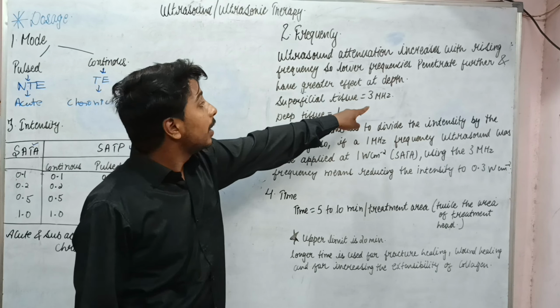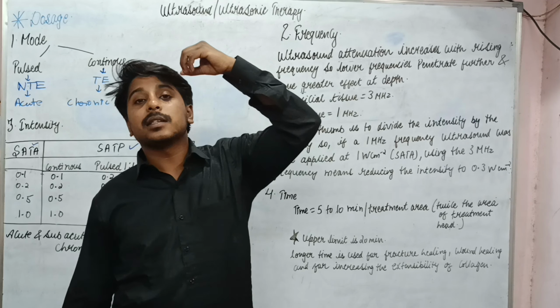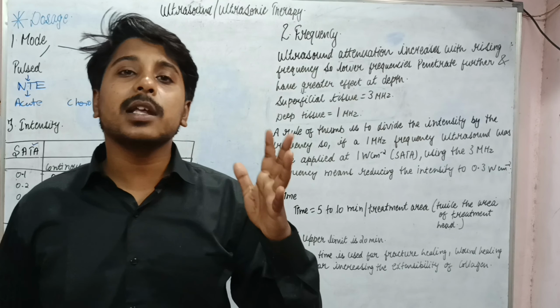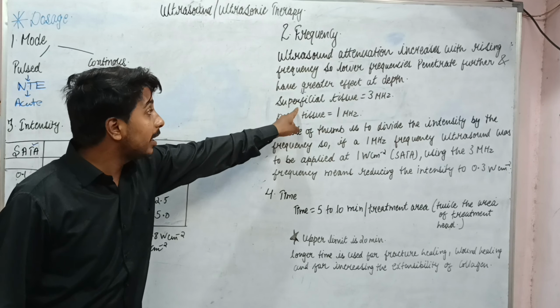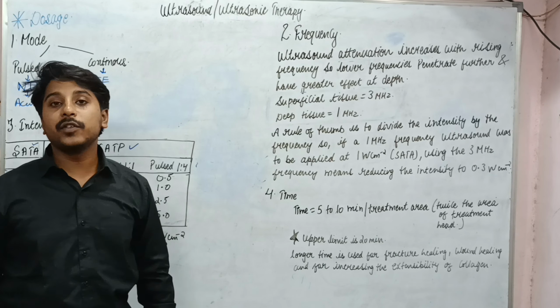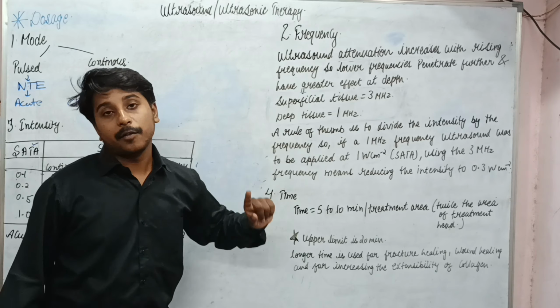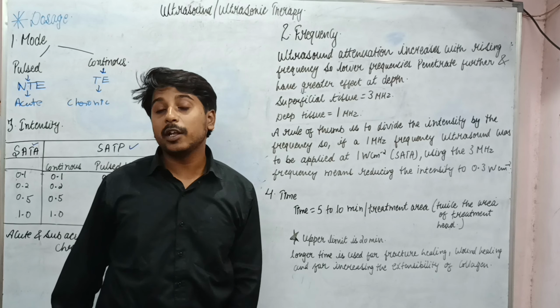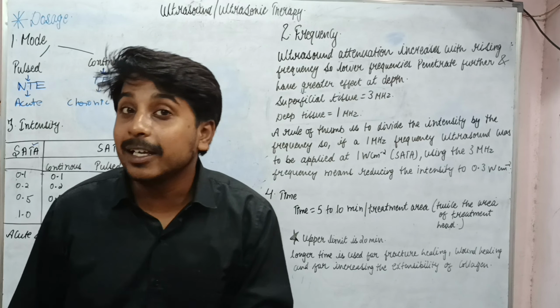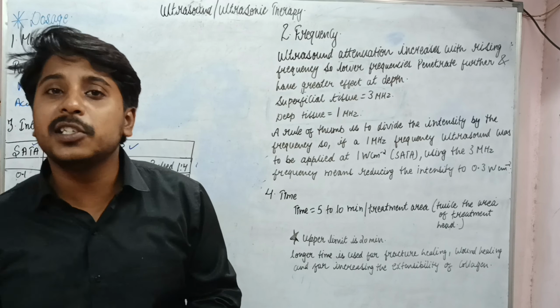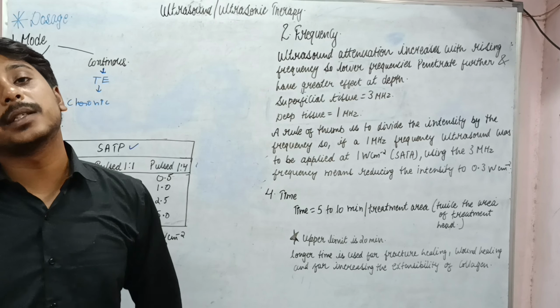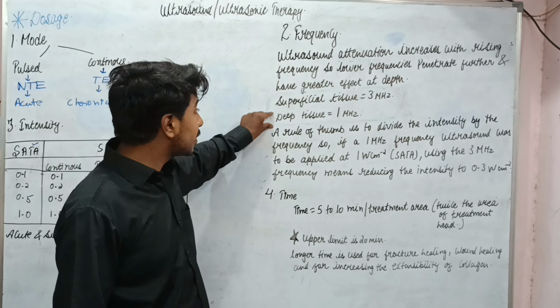So due to this, 3 megahertz undergoes a lot of attenuation, so it cannot reach deep inside the tissue. That is why it is used in superficial lesions, while 1 megahertz has less attenuation. इसका लॉस इतना ज्यादा नहीं हो रहा है एनर्जी का, और ये डीप इनसाइड द टिश्यू तक पेनिट्रेट कर सकती है.